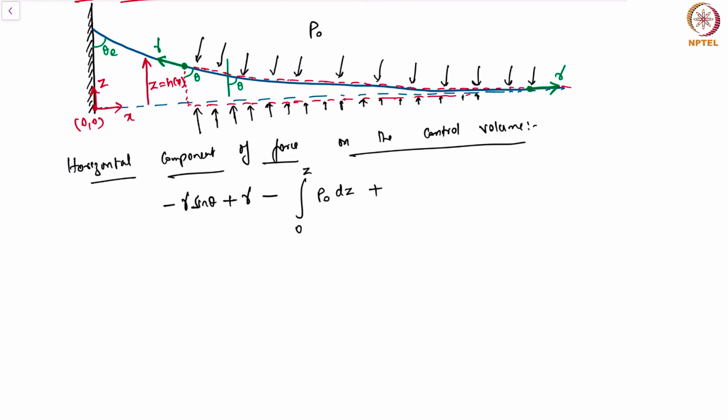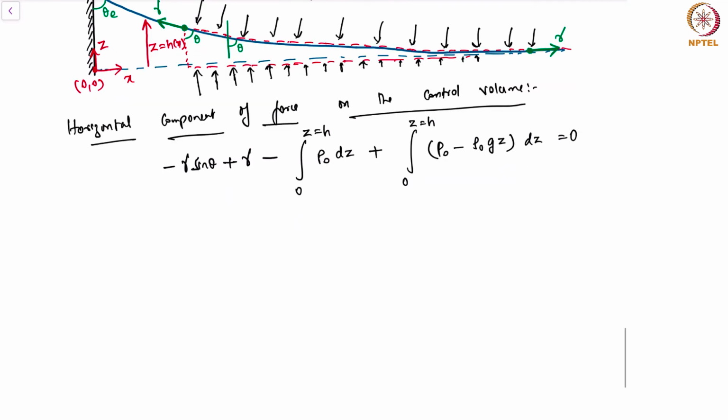Remember that the pressure at the bottom would be P naught minus rho naught g z. That's the pressure on the bottom surface that I'm going to integrate going from 0 to the height of the meniscus, so 0 to z is equal to h. And this whole thing has to be 0 because we are in equilibrium.